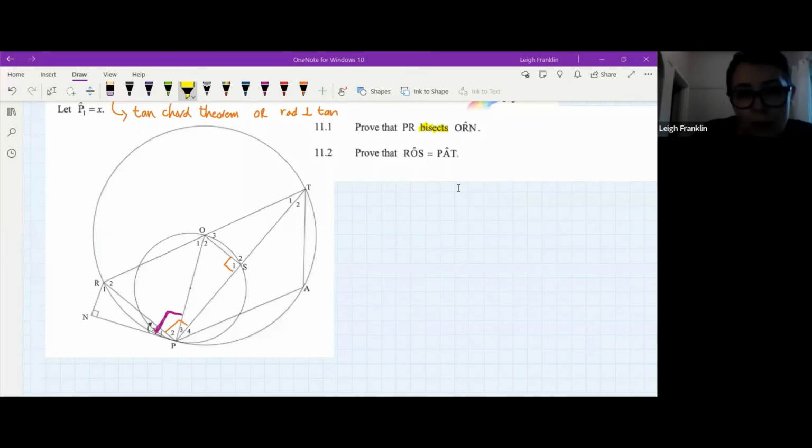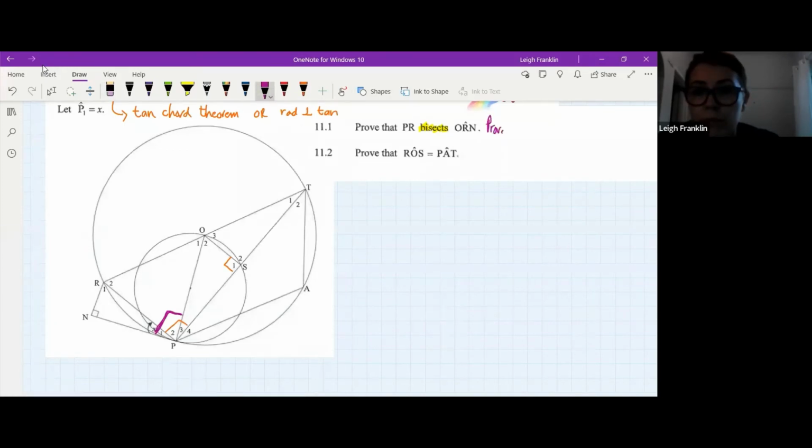Okay, because this line over here, PR, and I'm going to rub it out, this line over here cuts this angle in half. So if a line cuts an angle in half, then it means that the two constituent halves, pieces, must be equal to one another. So even though this question has some fancy words in it, prove PR bisects ORN, what it really means is prove that R1 equals R2.